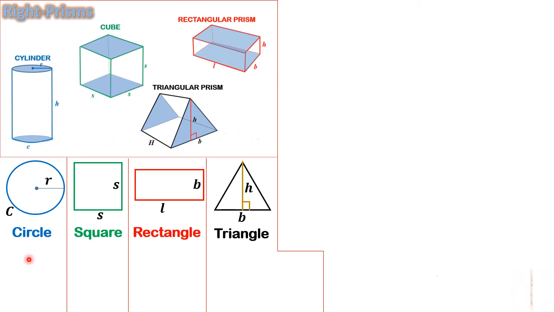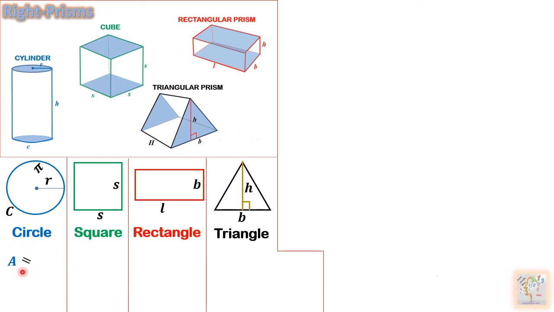So it is important that we know the formulae to calculate the areas of all these flat shapes, because they will come in handy when we are deriving the formula for the volumes of these prisms, okay? Now let's revive our minds and check. By the way, what is the formula to calculate the area of a circle?